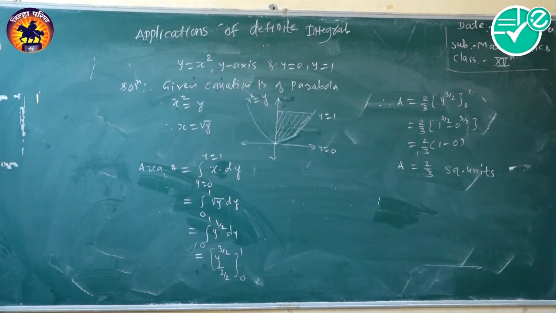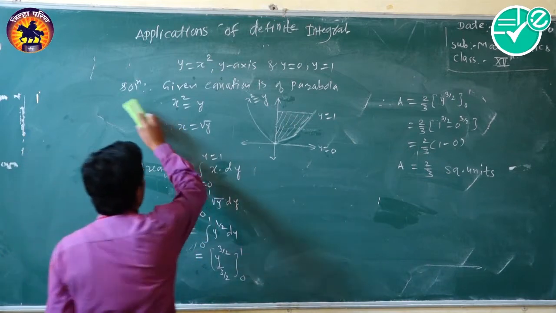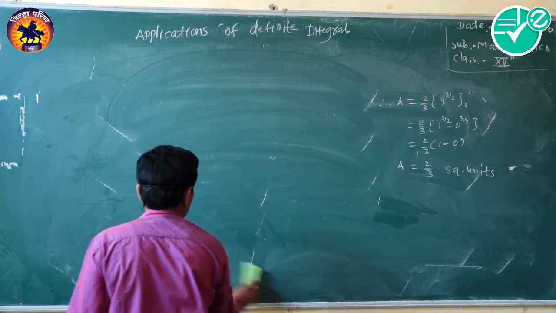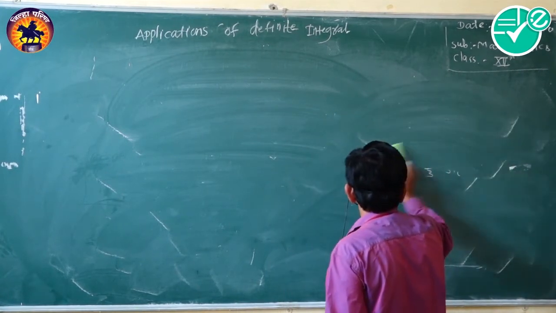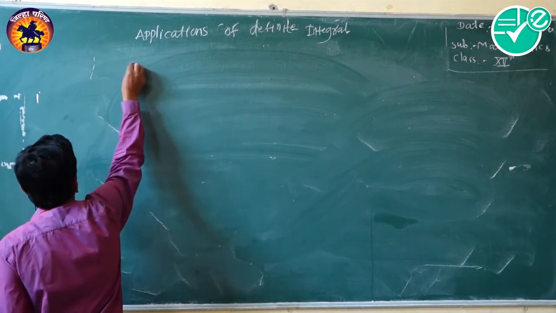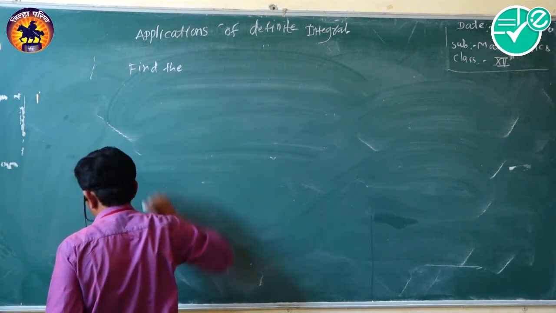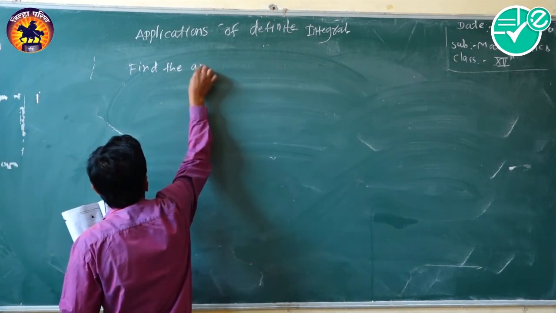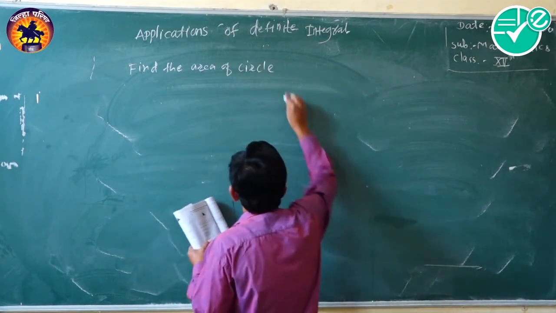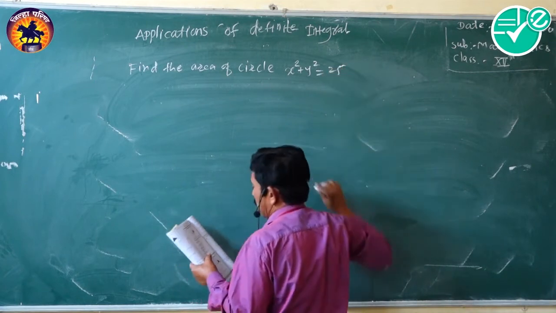Take down next example. Find the area of circle x square plus y square is equal to 25.